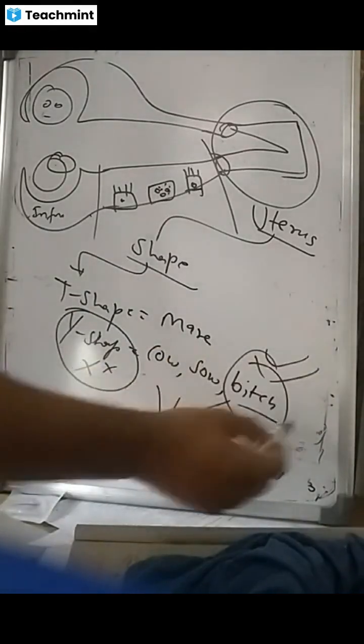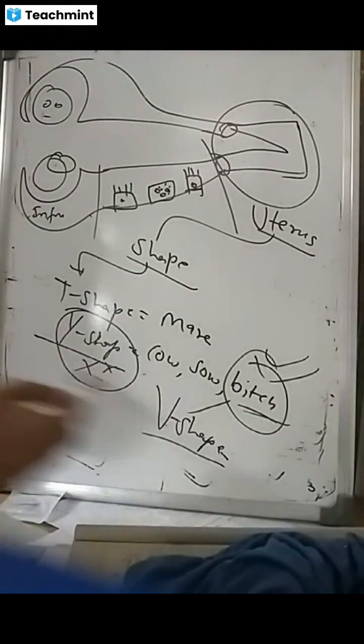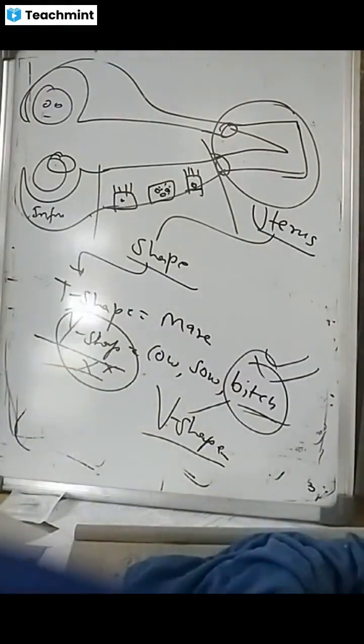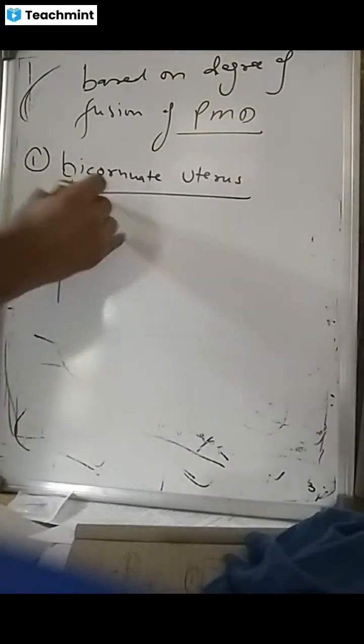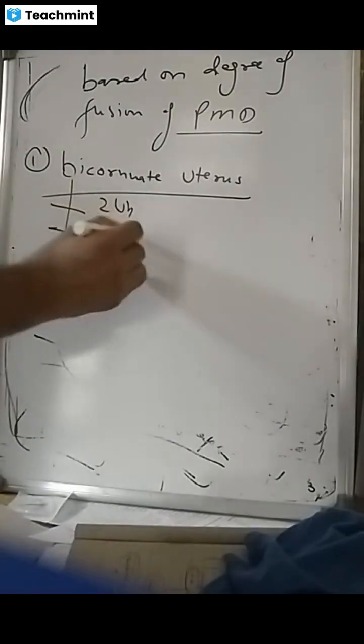Pig has a Y-shaped uterus. Based on the degree of fusion, number one, we have the bicornuate uterus.